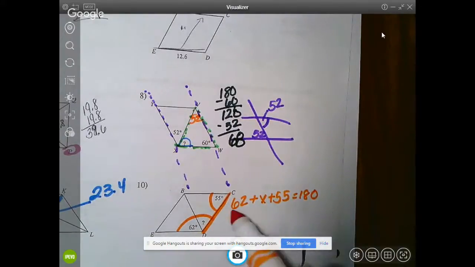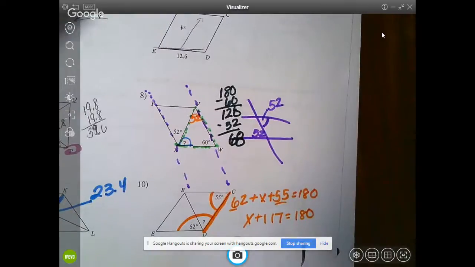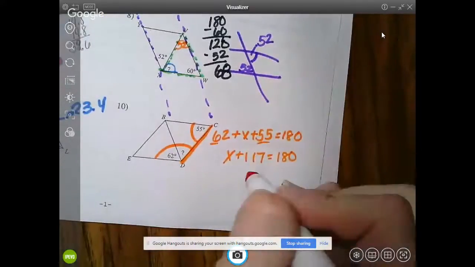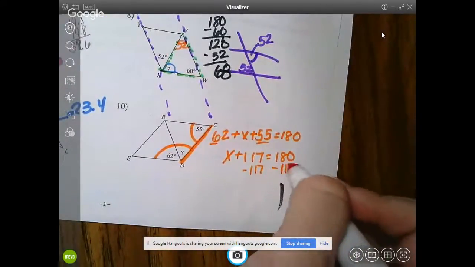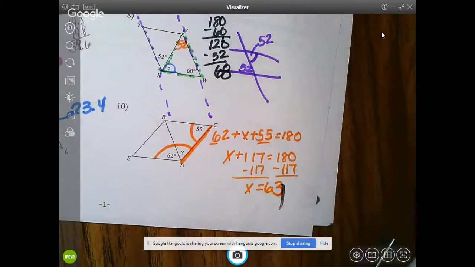So then I could combine 62 plus 55, which is 117. Subtract 117 from both sides and get 63. So you can do it either way. What else can I clarify on this page?